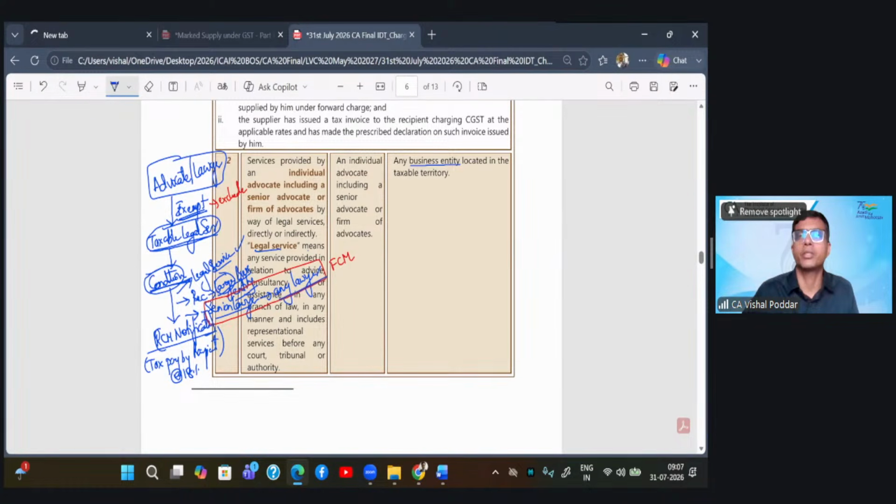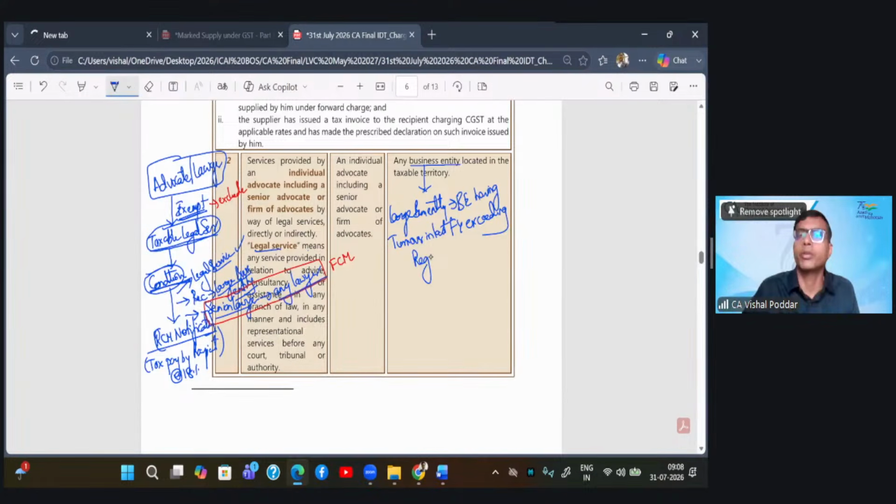Hence, over here, I have purposely written large business because only when the lawyer gives service to large business. Now, what is large? That is business entity having turnover in last financial year exceeding the registration limits.